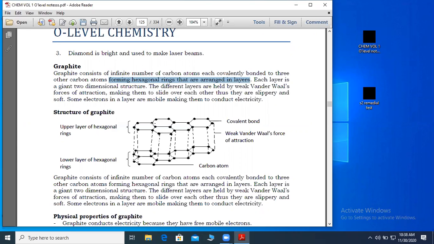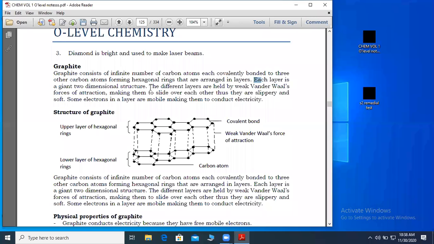So you see this is a hexagon. It is 6-sided, so that's what we call hexagonal rings. Each layer has a two-dimensional structure. So diamond, we are saying 3-dimensional structure. Graphite, we are saying it is 2-dimensional structure.